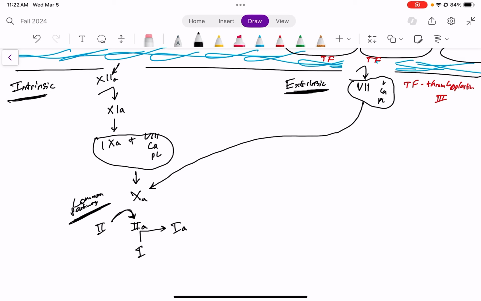Now, what fibrin does is it'll form a weaving structure that will go around the clot and cause it to be held in place, and also to connect everything all together. Now, thrombin will also activate factor 13, which will also help to stabilize the clot.